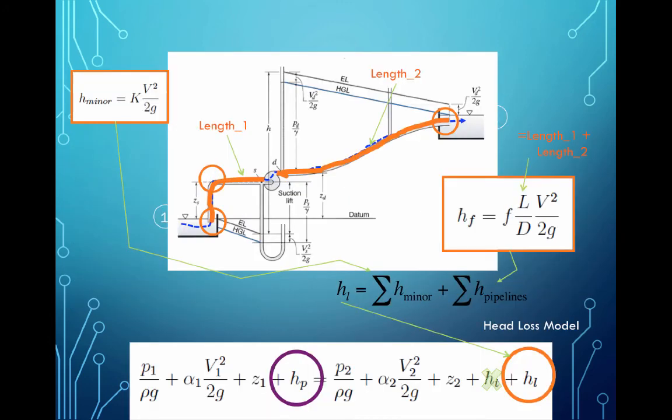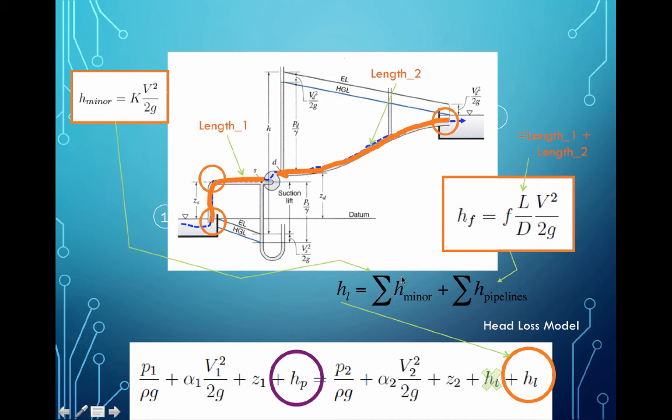All right, let's return to this diagram again. So we've now looked at the head loss model. There's minor losses at inlets, elbows, and exits, and those are all looked up, and we had that back in your fluid mechanics class. And then we have losses due to the different pipeline lengths.